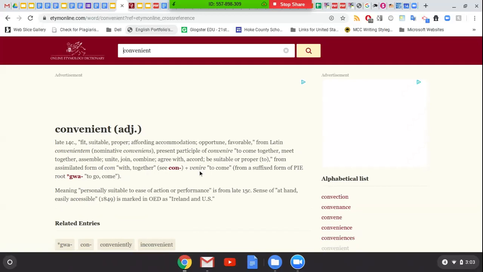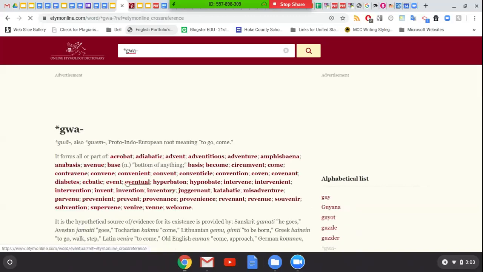And then I'm getting to the root word, which is venire, to come, but I want to look at the Proto-Indo-European root gwa, because this is where I'm going to make all the connections. And when I click on gwa, I can see all these other great words that have, and you can see similarities like adventure, advent, circumvent, and so on. So this would be a good word to do a study of the root word so kids can make some connections between words.